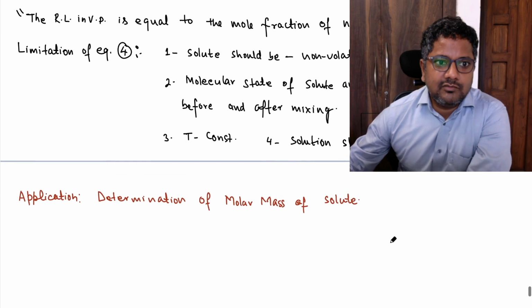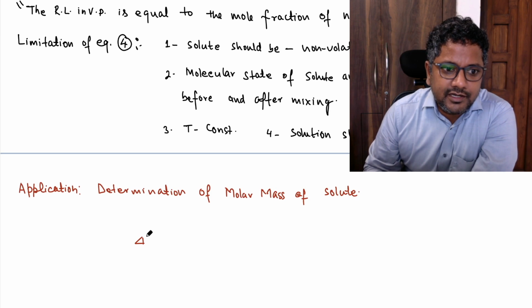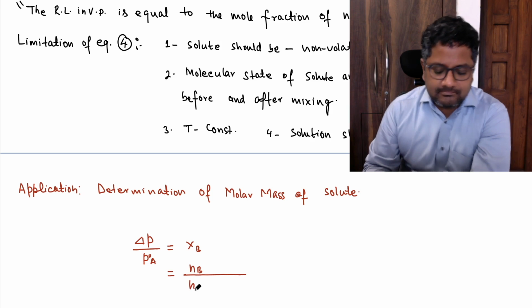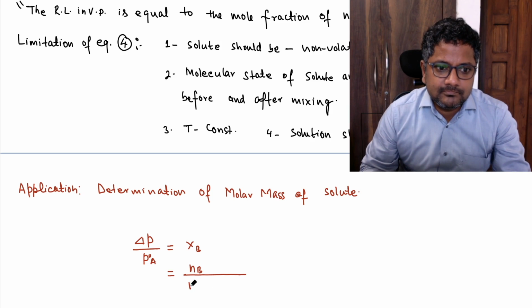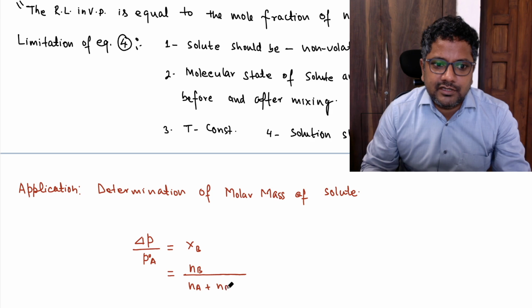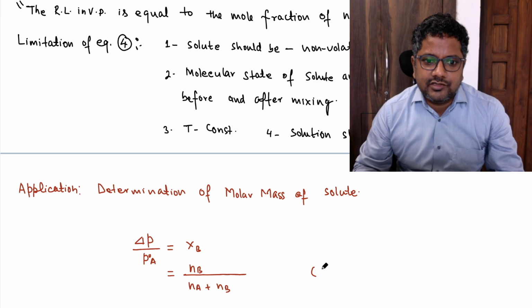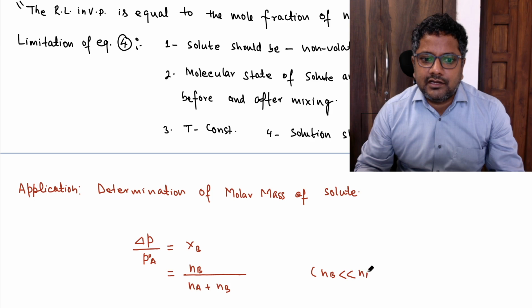So how to determine it? See, delta P by P naught A is equal to XB, and now you can write XB is equal to NB by (Na plus NB). Now use this point: dilute solution means NB is much less than Na.